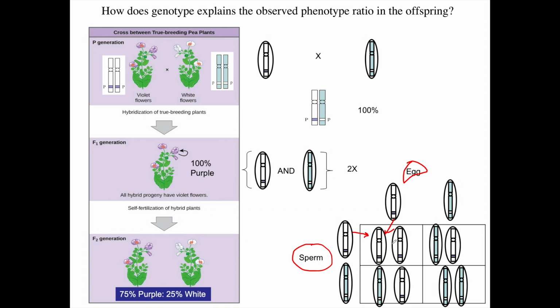So we're going to get two purple alleles. So what is the color of this plant? It is purple. So we get 1 out of 4 purple. I'm just going to write P.